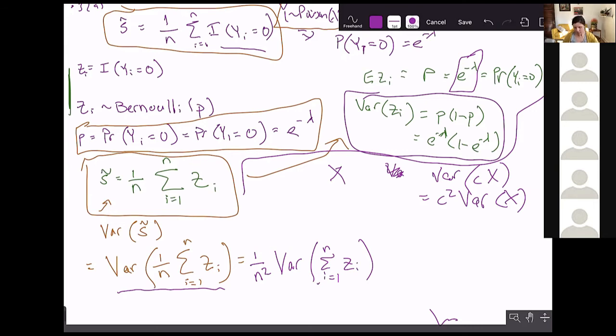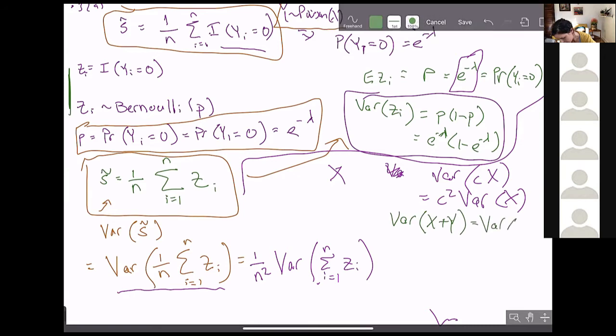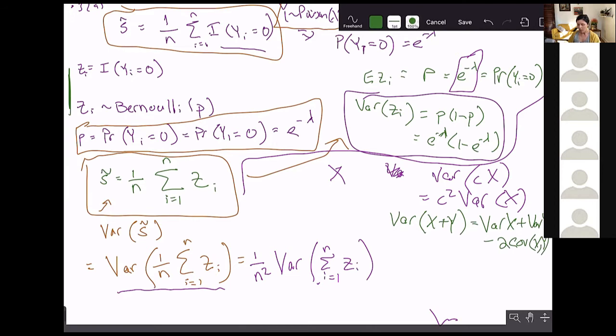So there's another rule of variances that I'm going to write over here. If you have two random variables, x and y, the variance of x plus y is equal to the variance of x, I'm running out of space, I apologize, plus the variance of y minus 2 times the covariance of x and y. However, if you assume that x and y are independent, then what's the covariance of x and y? 0.